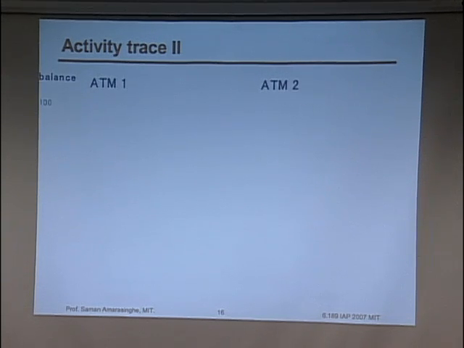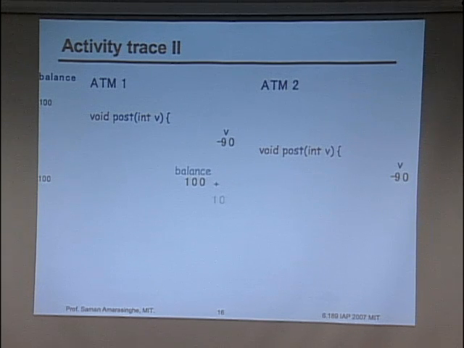The way it can happen is, in the post code, V is minus 90. And in this other post code, when you start, V is also minus 90. Then it reads the balance as 100. In this interleaving, it reads the balance, you do the plus, you get 10.